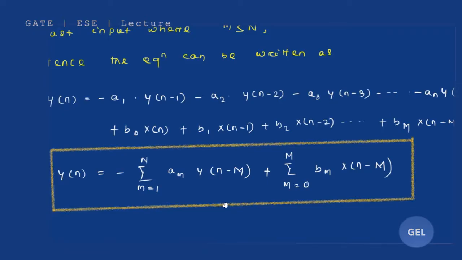Write it down for first order and second order systems. These two kinds of system orders will be important for all kinds of exams. Now for n equals 1, look here carefully.